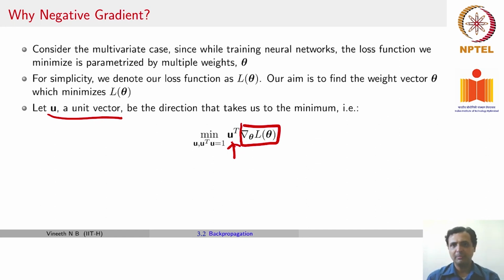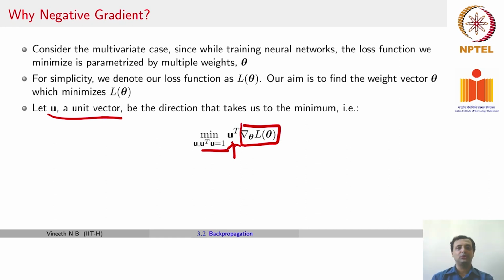Mean square error was one such loss function, but it may not be the only loss function for a neural network. There could be other loss functions that you minimize the parameters with respect to. Let's just call that L of theta and the gradient grad sub theta L of theta. And let u be that vector which is the component of the gradient that will take you to the minimum. For simplicity, we're going to assume that u is a unit vector.